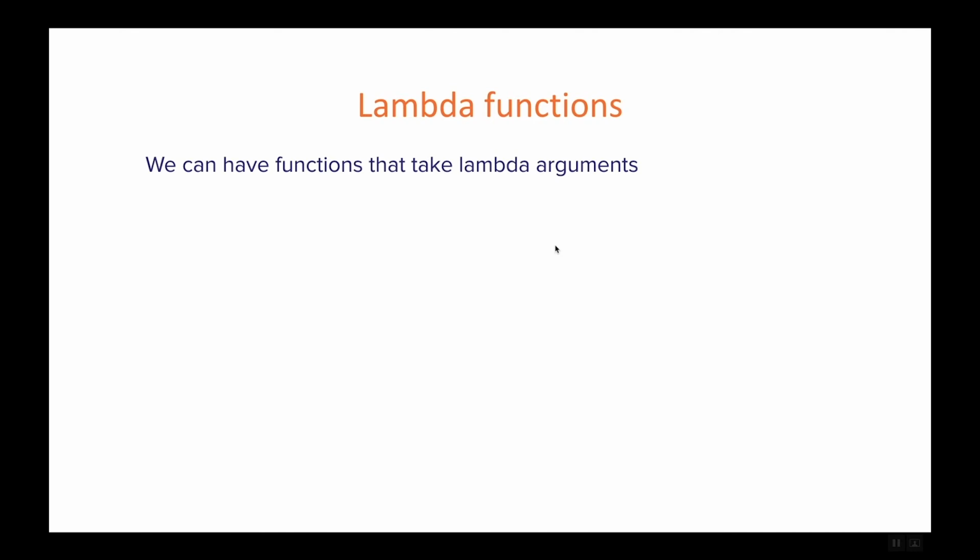Now, we have functions that take Lambdas as arguments. We call these functions higher order functions. We will see in a future video what that means. But for now, the main idea is that we have a function that takes another function as a parameter, right? So here we have our map function that takes a function and a list, right?